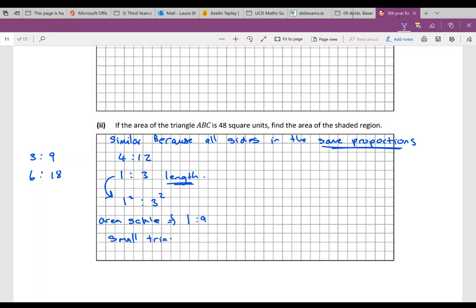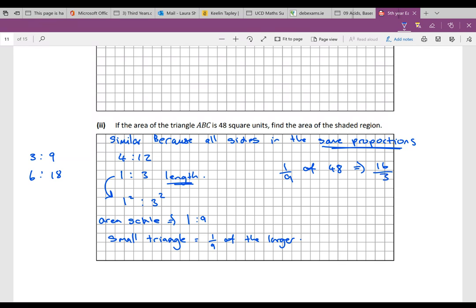Basically what this means is the small triangle is 1/9 of the larger. So therefore it is 1/9 of 48. If it's 1/9 of 48, we get a fraction for that. We get 16/3.